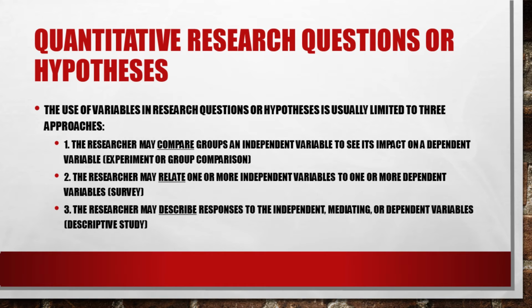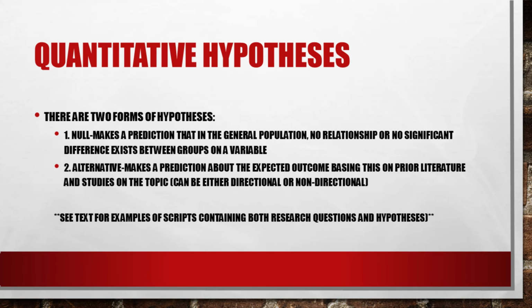It's important to note that the use of variables, research questions, or hypotheses in quantitative designs is usually limited to 3 approaches. First, the researcher may compare an independent variable to see its impact on the dependent variable. Second, the researcher may relate 1 or more independent variables to 1 or more dependent variables. Or lastly, the researcher may describe responses to the independent, the mediating, or the dependent variable.